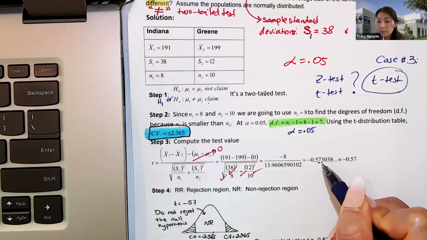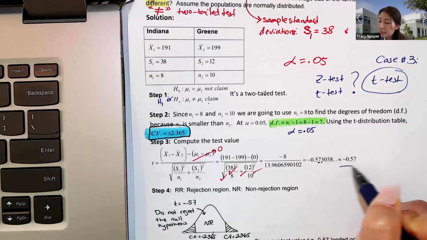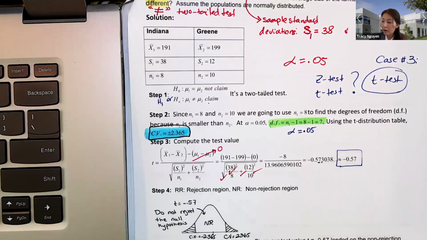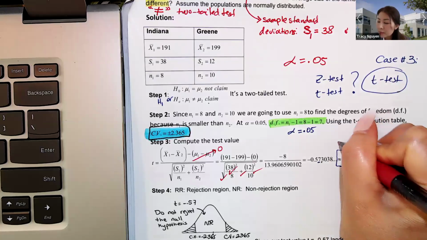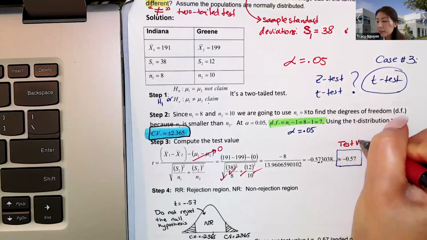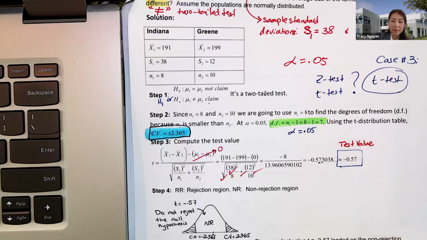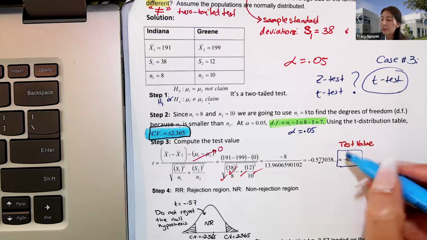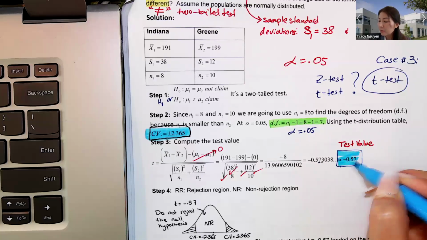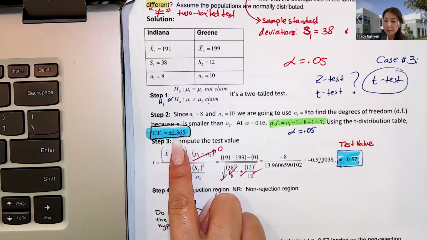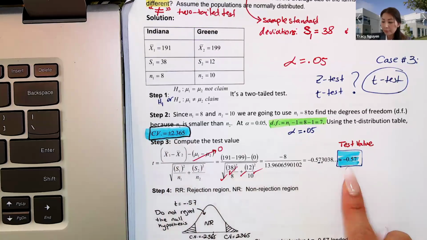We look at the digit to the right, which is less than 5, so we keep the underlined digit as is. So this is our test value. Generally, the test value for z is rounded to 2, and for t it is rounded to 3, but it's not always 3. All right, so now we have our critical values, and this is our test value.